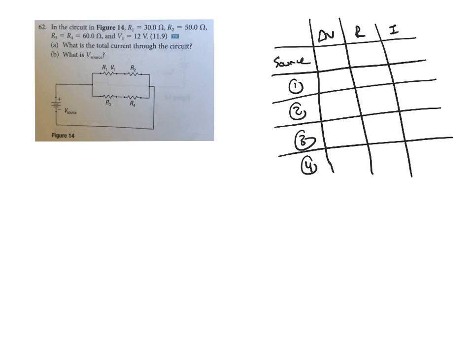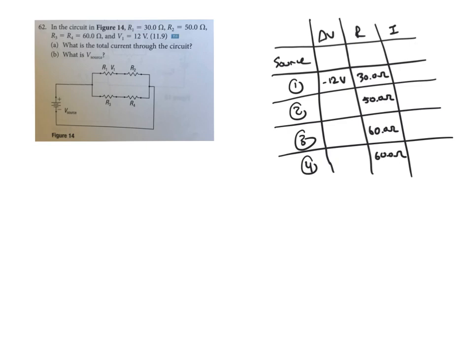I know all of the ohms for each of the loads. 30 ohms for R1, 50 ohms R2, and then 60 ohms each for R3 and R4. Okay, and they also tell me voltage 1 is 12 volts, which I'm going to write as negative 12 volts.